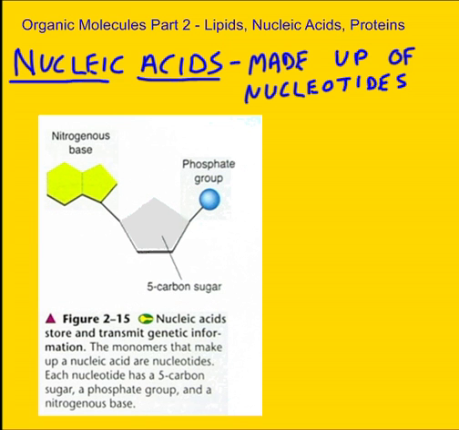These nucleotides are strung together in long chains that make up the nucleic acid. If it's a single strand, that would be RNA. They can also be double-stranded, and that's DNA.